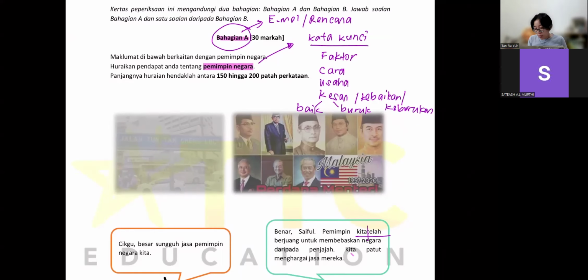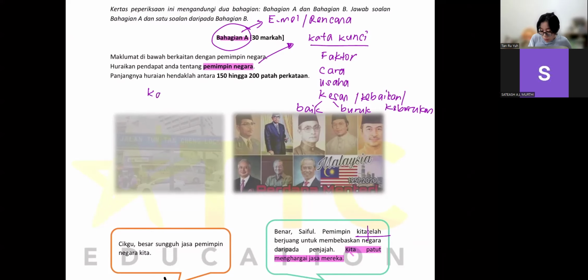They give you a keyword here: we should appreciate their contribution. So this one, kita perlu menghargai jasa mereka. Which keyword will you think about? Yes, usaha or cara, correct.